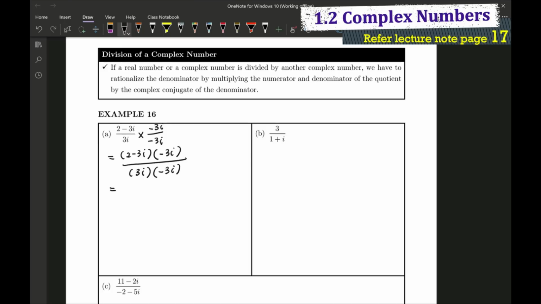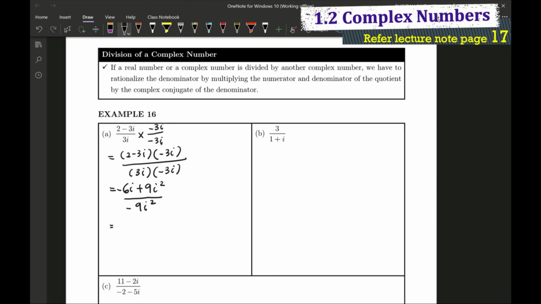So now it becomes negative 6i plus 9i squared over negative 9i squared. What happened to the i squared?